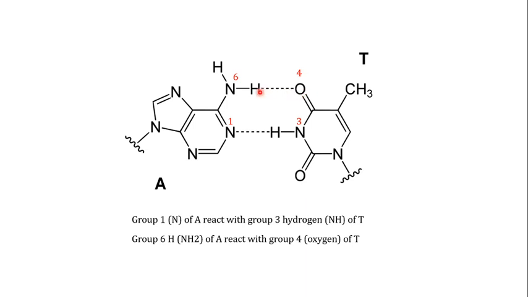So this is 1 hydrogen bond that is made between the position number 6 of adenine and position number 4 of the thymine, and this is another hydrogen bond which is made between the position number 1 of the adenine and the position number 3 of the thymine. So you are actually having 2 hydrogen bonds between the adenine and the thymine, and I have mentioned the exact positions over here. You can see that.